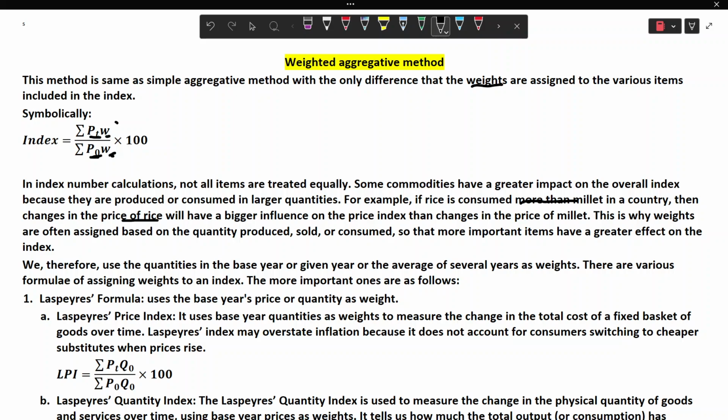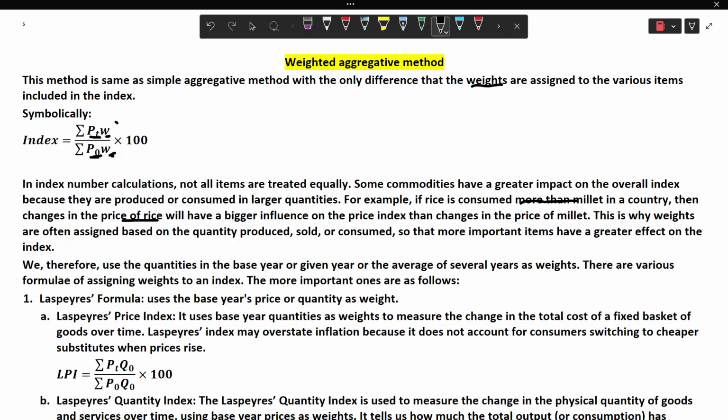This is why weights are often assigned based on quantity produced, sold, or consumed, so that more important items have a greater effect on the index. We therefore use the quantities in the base year or given year or the average of several years as weights.